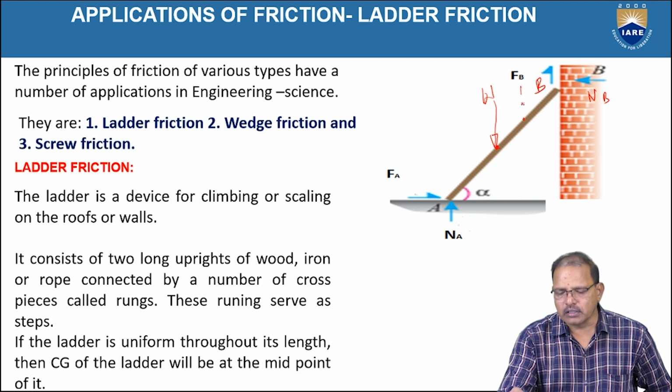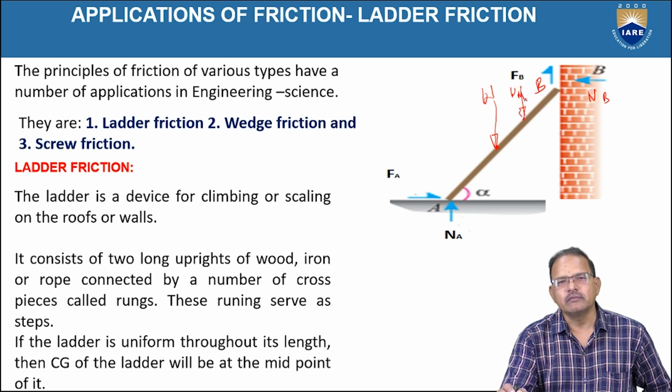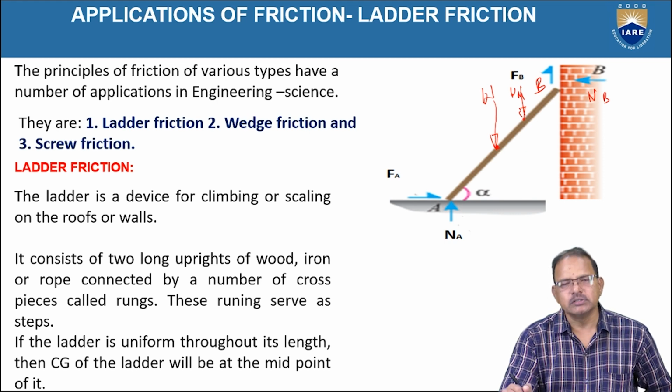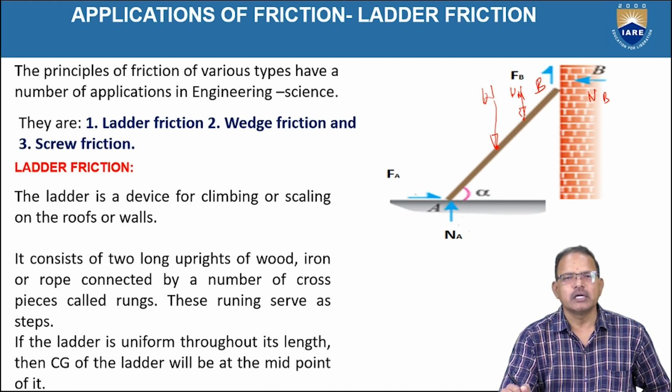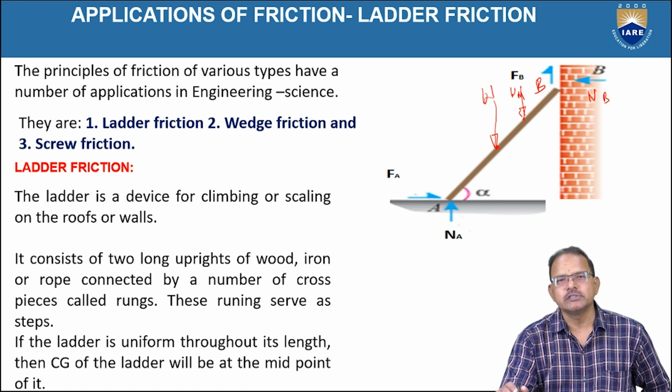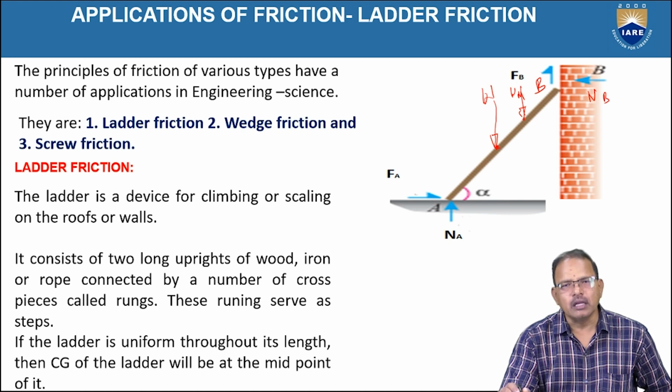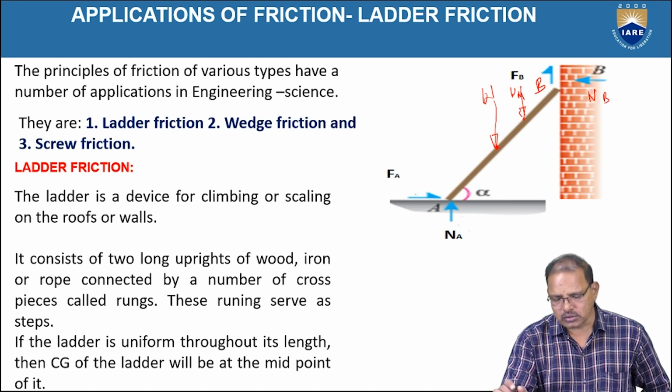So we should assume W, the weight of the person, acts at a certain point from position A. When the ladder is about to slide downward, all these forces are in equilibrium. That means the sum of the forces acting in horizontal directions equals 0.